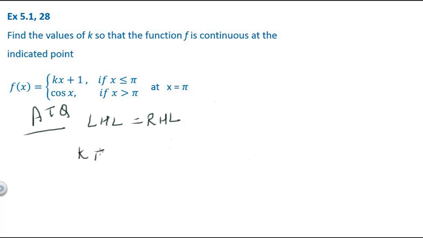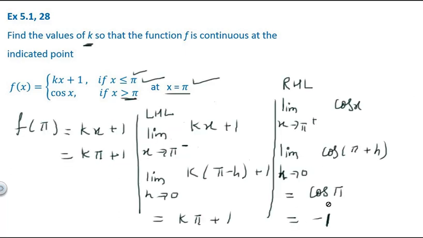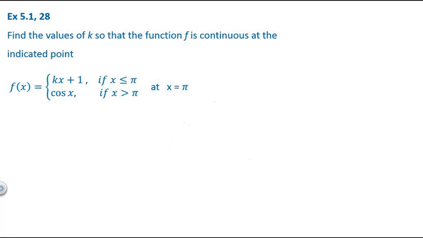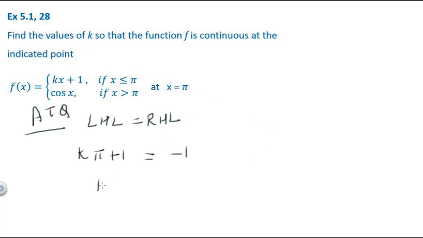K pi plus 1 in LHL, and in RHL we got -1. So solving it, k pi is equal to -1 -1, k pi is equal to -2 and k is equal to -2 upon pi.